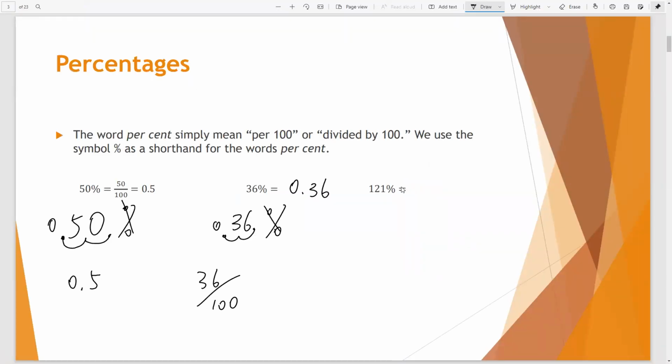When you use your calculator or the same method, that should be 1.21. Erase the percent and move the decimal 2 places to the left, which finally gives you 1.21.